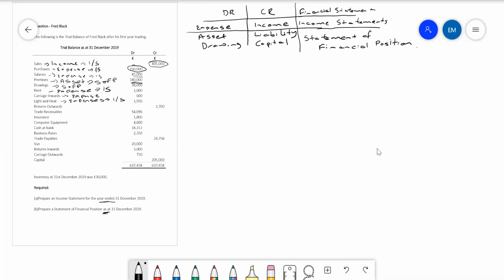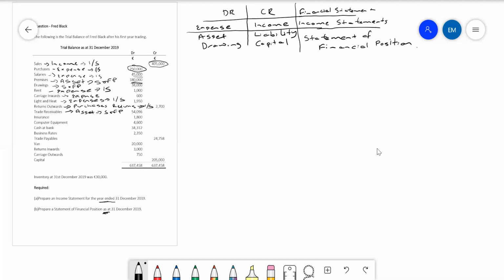Returns outwards is the same as a purchases return. That will be deducted off our purchases figure, and therefore it will appear in our income statement. Trade receivables is another name for a debtor. A debtor or trade receivable is an asset, and an asset appears in our statement of financial position.